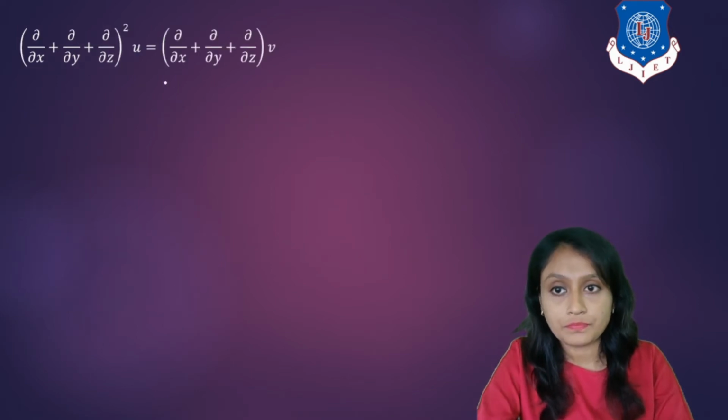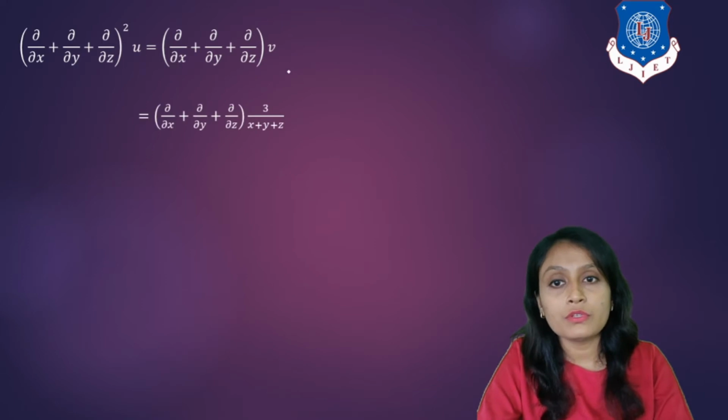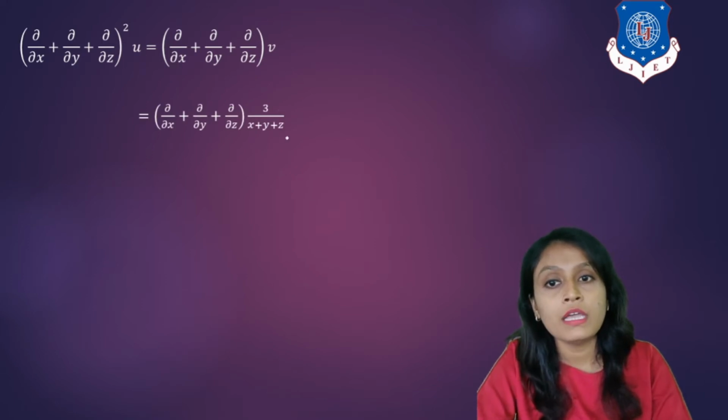Next, the main expression, (∂/∂x + ∂/∂y + ∂/∂z)² u, we have simplified as (∂/∂x + ∂/∂y + ∂/∂z) v. Now we know the answer of v, that is 3/(x + y + z). Now we will apply this in the bracket.